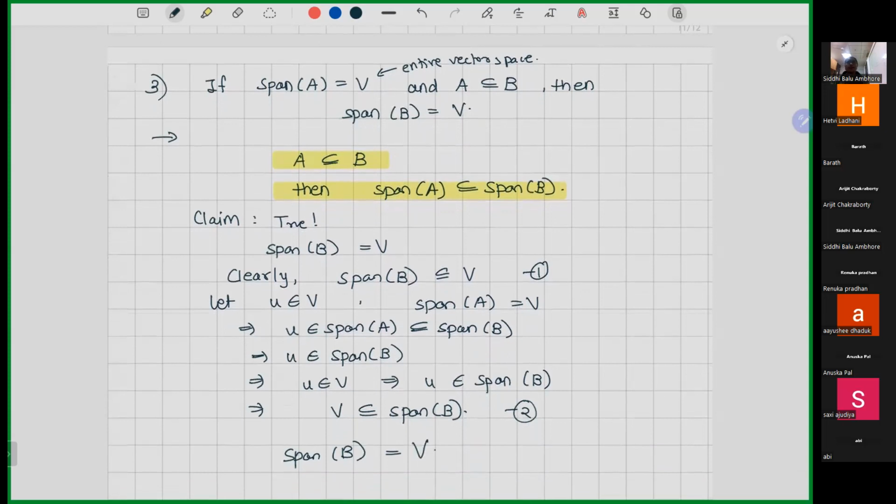Understand this statement: if A is contained in B and if the span of the smaller set, that is A, is the entire vector space, then the span of the bigger set, that is B, is again the entire vector space. Okay, this was the takeaway from this question.